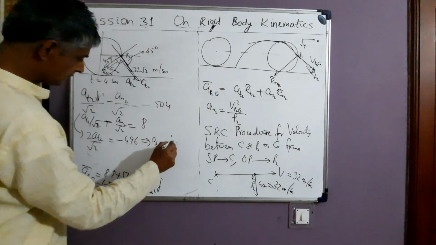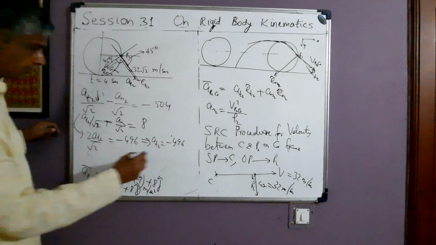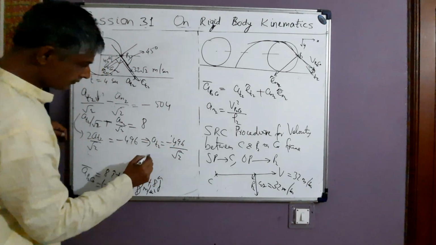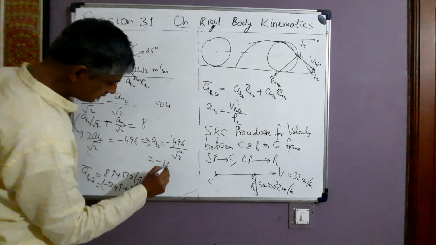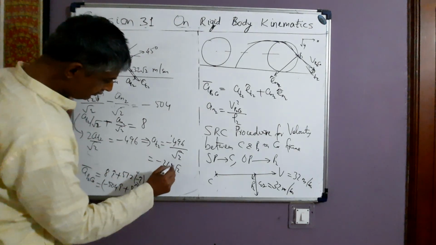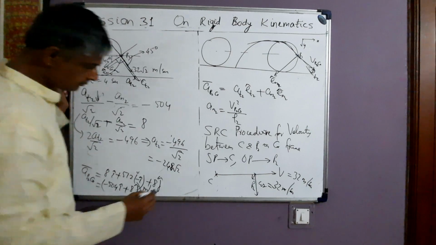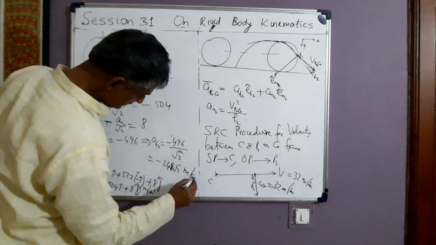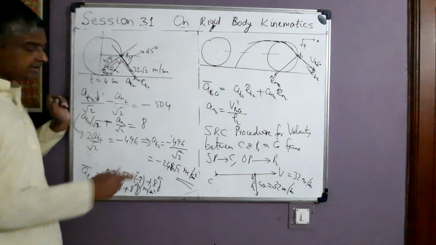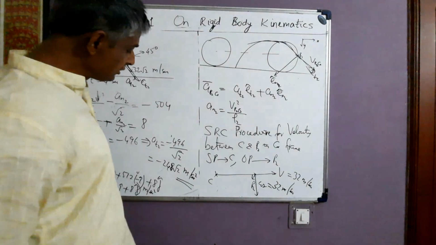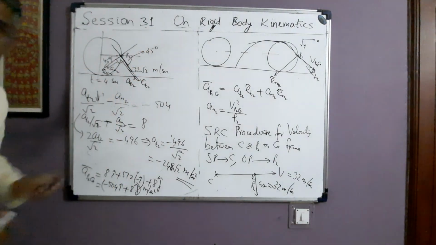So AT2 becomes minus 496 by root 2. This becomes minus 248 root 2 meter per second square. Minus indicates that at that instant the speed of P2 is decreasing with time.